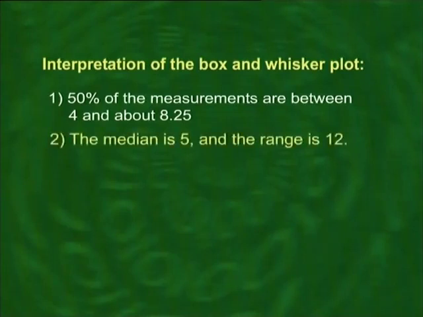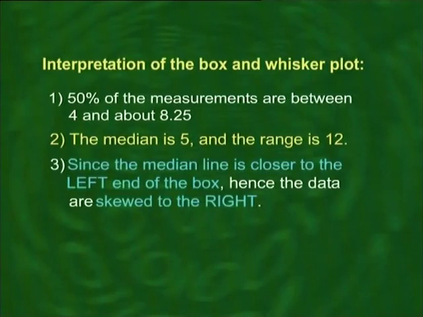Also, the box and whisker plot indicates clearly that the median is 5 and the range is 12. And the most important point is, as regards the skewness of the distribution, that since the median line is closer to the left end of the box, hence the data are skewed to the right.